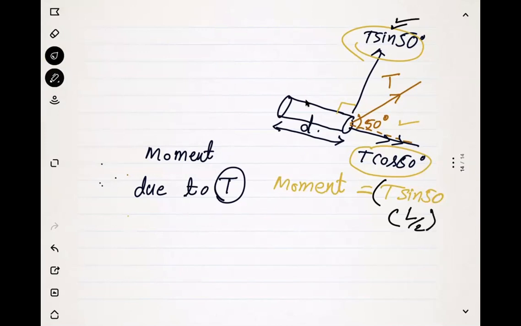So it would be T sin 50 into L by 2. This would be the equation for the moment due to T.